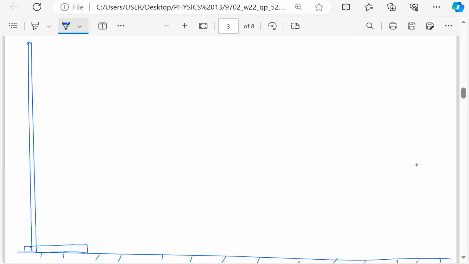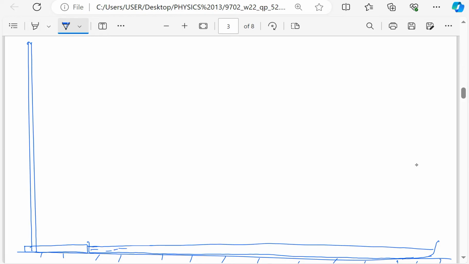Then I'll put the sand tray somewhere here. So that is the sand tray. Let this be the stand.